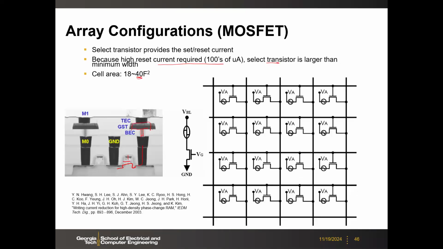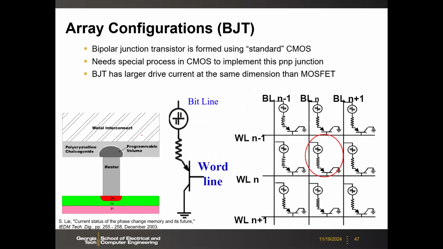So here then the alternative option is to use BJT. It's still a transistor, but it's a bipolar junction transistor. Nowadays we do not talk about this too much because not many foundries are offering this at advanced nodes. But at least that's one advantage for BJT.